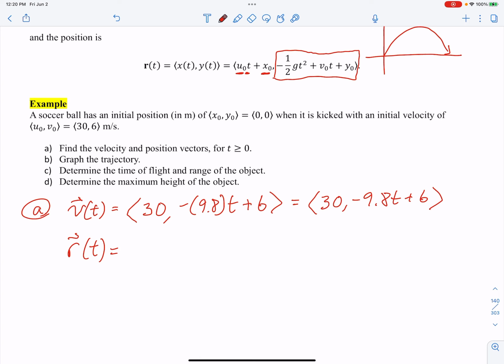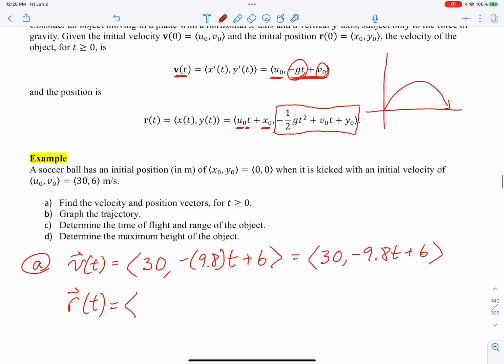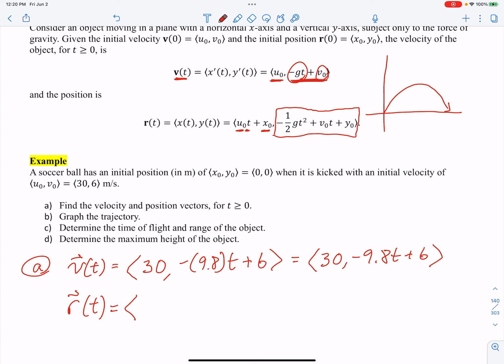Okay, position. It's going to be u naught, which was the x velocity, so that's 30t, plus x naught. X naught is the initial position, that's 0. And then the second component is going to be negative 1/2 times 9.8 t squared, and then plus v naught, which is your vertical velocity, times t, plus your initial condition, which is 0.